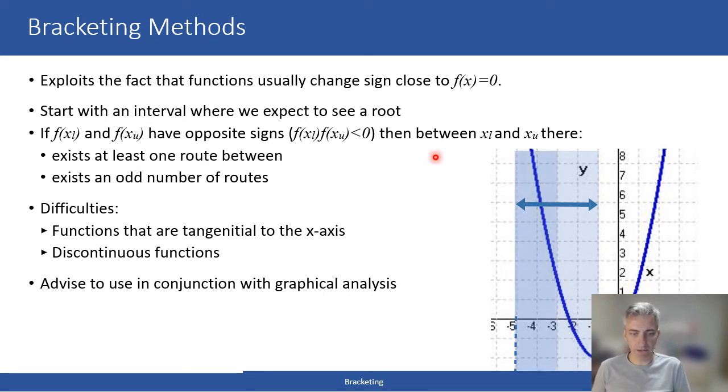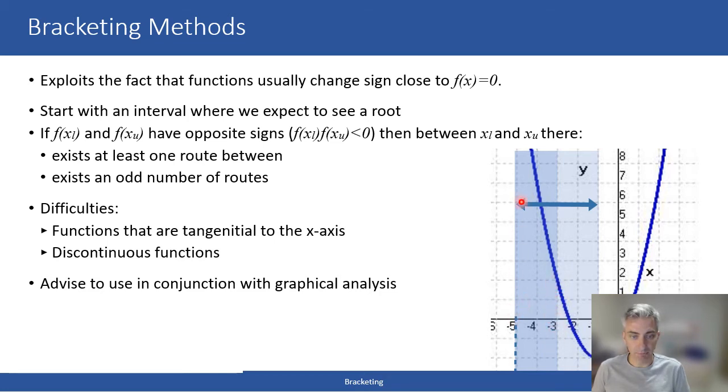So once we identify the places that we want to test, to see if there's a root, we might set a lower bound here of -5 and an upper bound of -1, and clearly we're looking for this value close to x equals -2. So then we find the halfway point, which in this case is x equals -3.